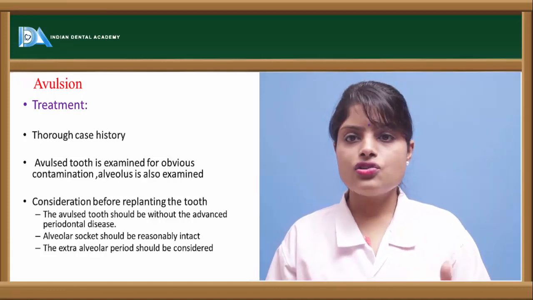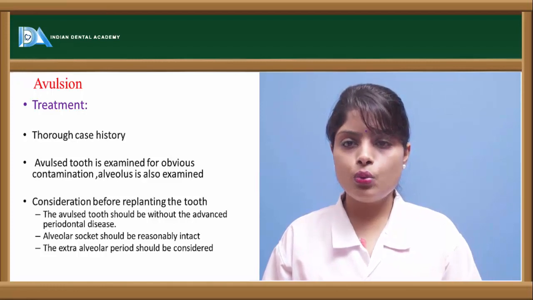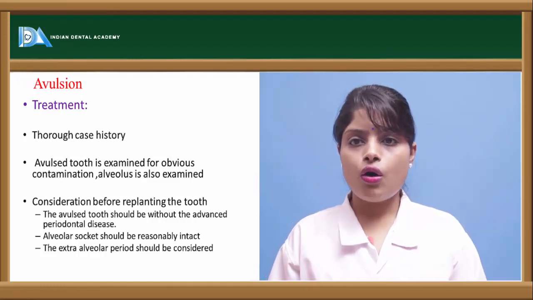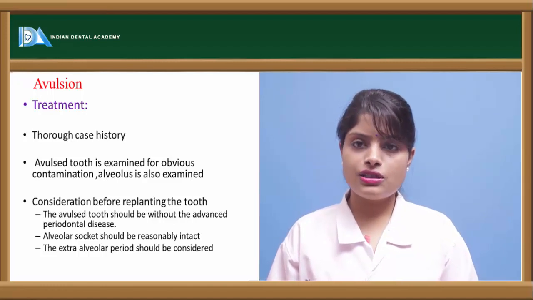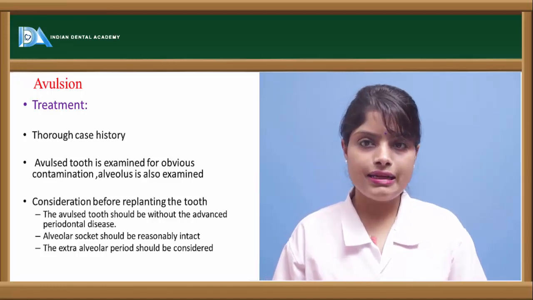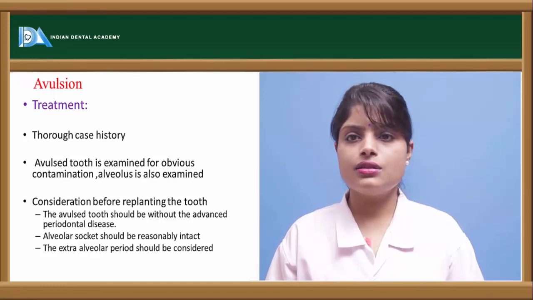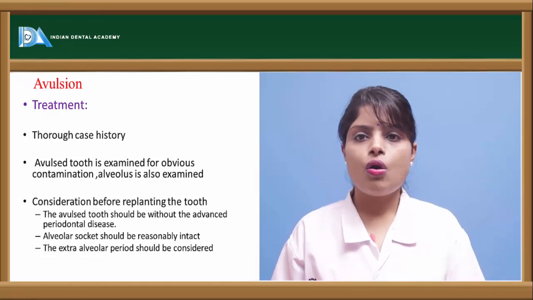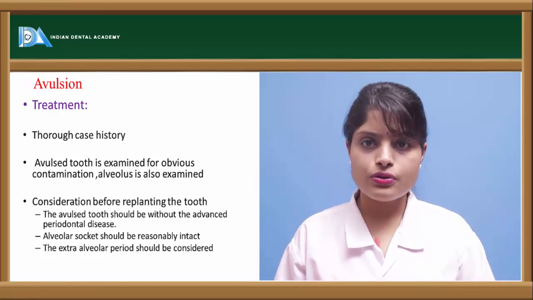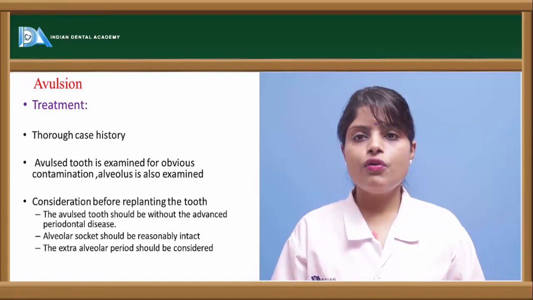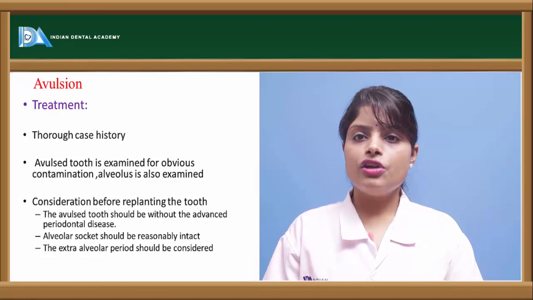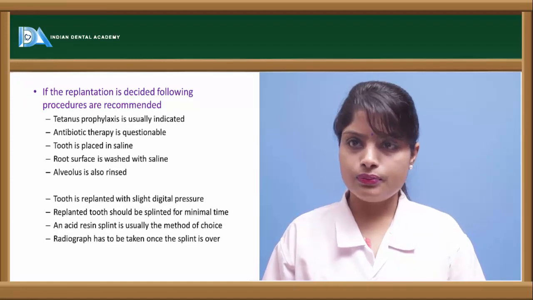Even the extra alveolar time, from the fracture site to the dental clinic, whether it is 5 minutes, 10 minutes, 1 hour, 120 minutes or greater than 24 hours. All these factors should be considered before planning the treatment for an avulsed tooth.